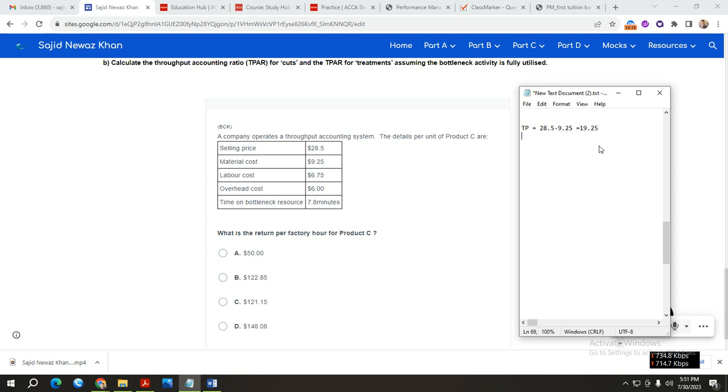And how many can we make per hour? As you can see, it takes us 7.8 minutes to make it. So return should be, as we did before, 19.25 divided by 7.8, and this should be converted to hours, so times 60.